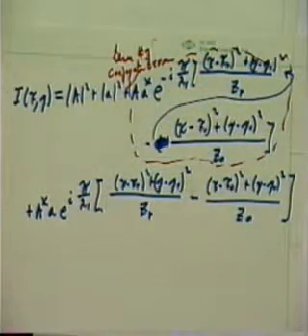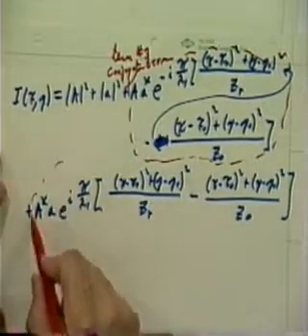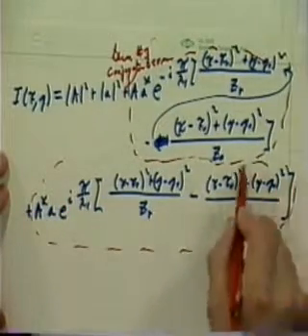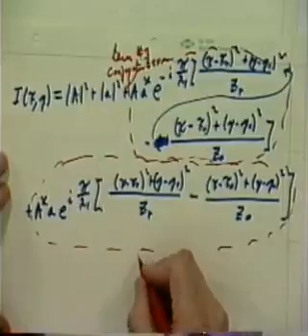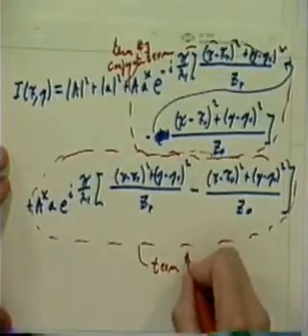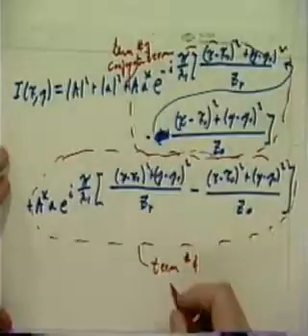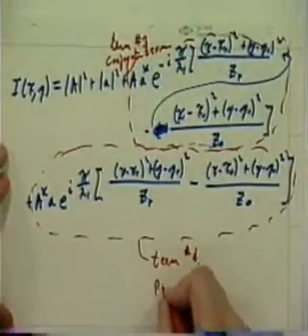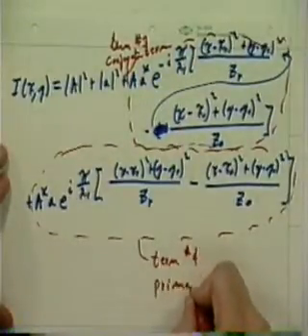And this other term down here will be term number 4. And if I call that the conjugate term, then this will be the primary term, or primary image.